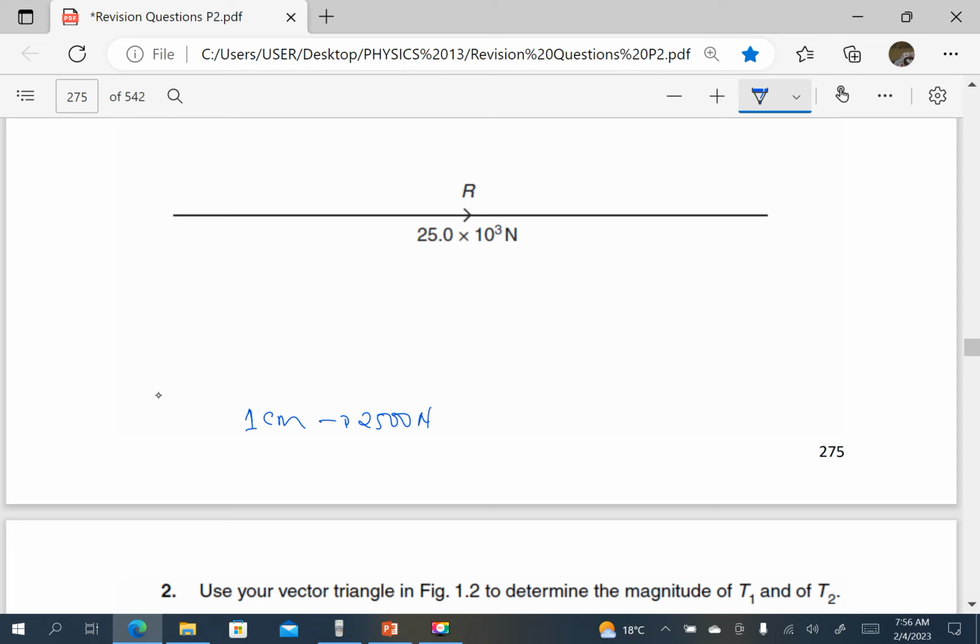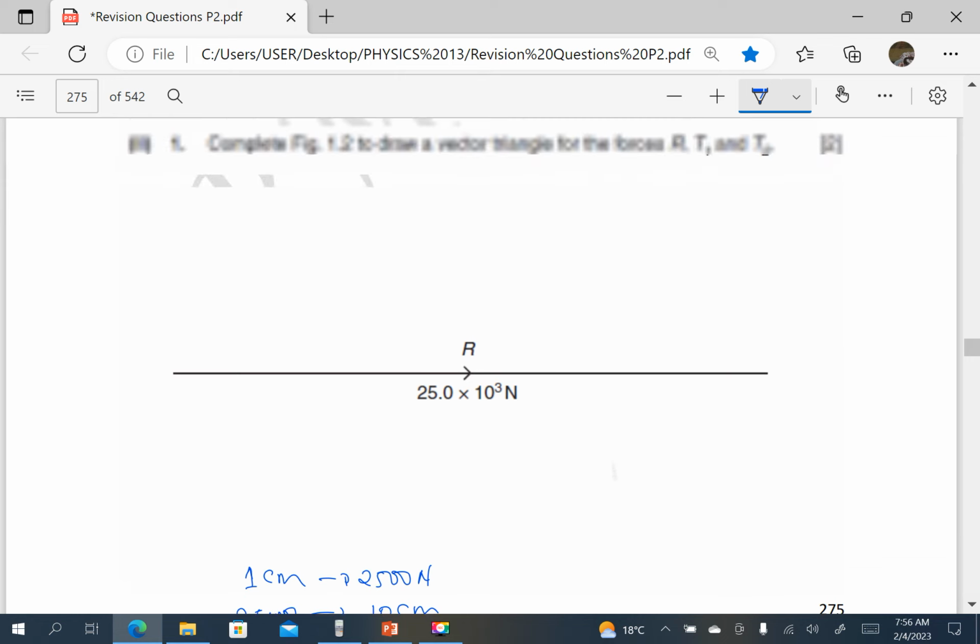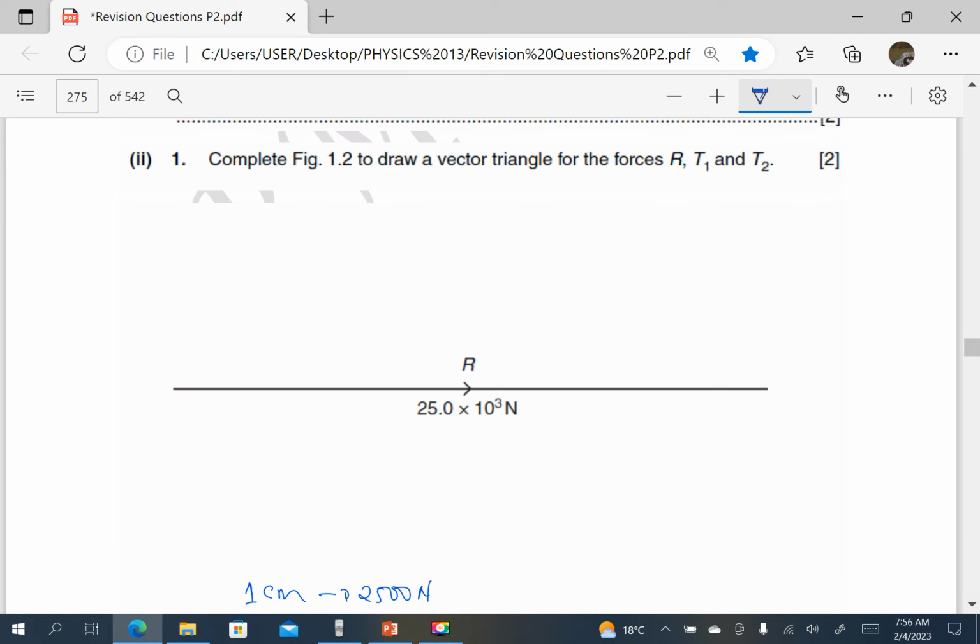That means 25,000 is going to be 10 centimeters. So I'm going to measure 10 centimeters on this line. I will say this is the starting point. From there, I will measure 10 centimeters, and 10 centimeters stops here.